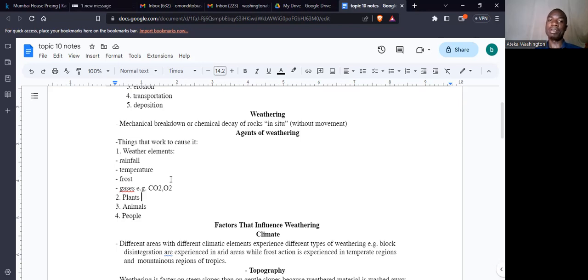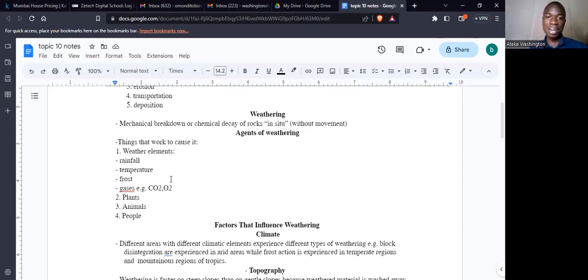Number one, we're talking about weather elements. Weather elements include rainfall, temperature, or floods. When we talk of rainfall, it takes part in chemical reaction. We all know that when rain falls, it absorbs carbon dioxide in the atmosphere. This results in the formation of carbonic acid, and to make it clear, it's a weak carbonic acid.